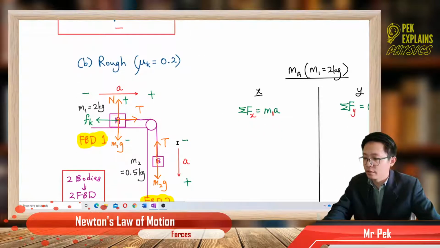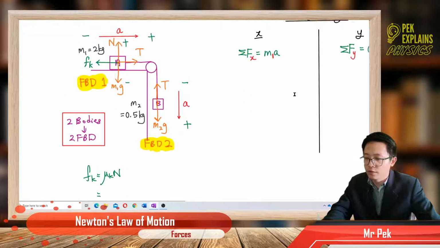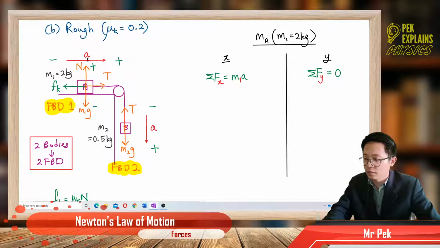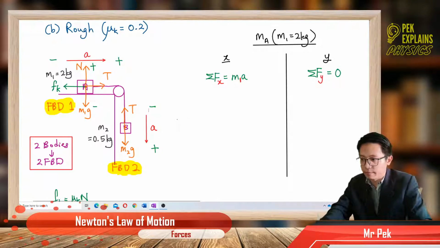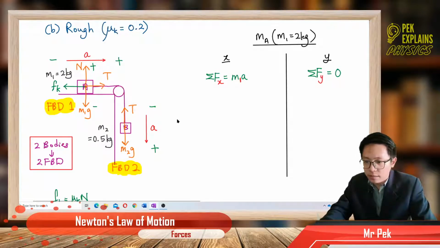Okay. Now let's find out the normal force first. We consider the y component. Going up is positive, so this is normal, then minus m1g equals 0.